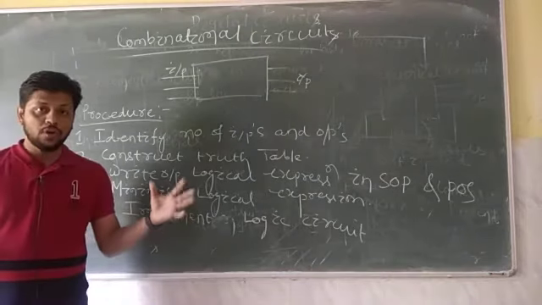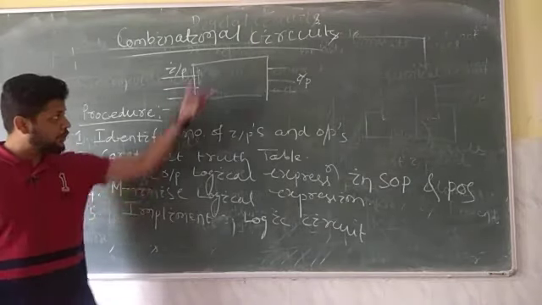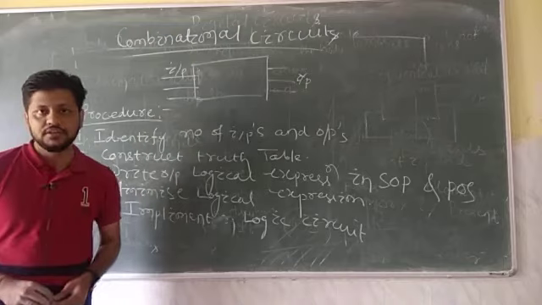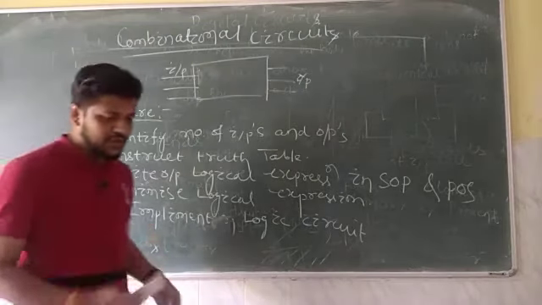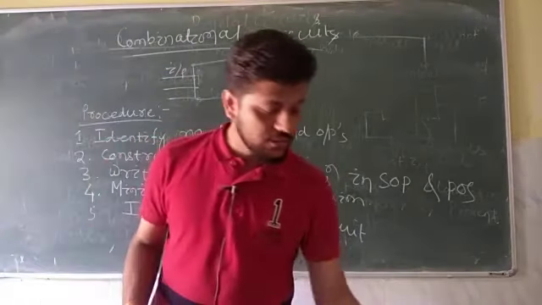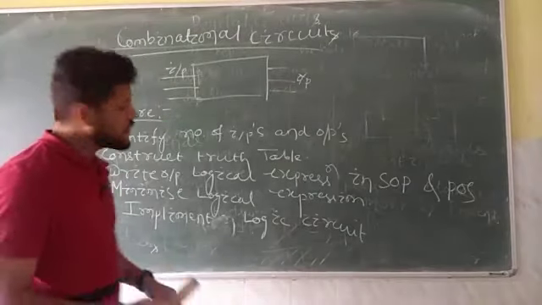Now we are going to combine these basic gates in order to build combinational circuits. The first application we are going to see is addition, the arithmetic circuits.